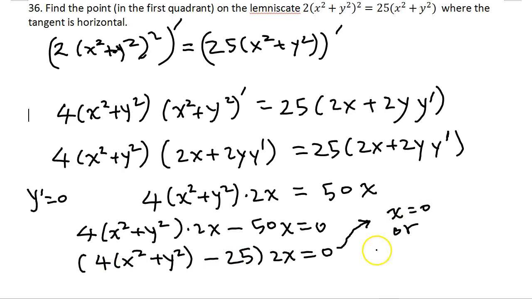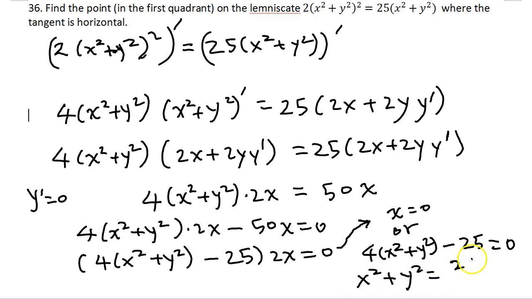For 4x squared plus y squared minus 25 to be 0, I can solve for x squared plus y squared and get x squared plus y squared is 25 over 4. So those are the two cases. And I have to figure out what happens in each of those two cases.